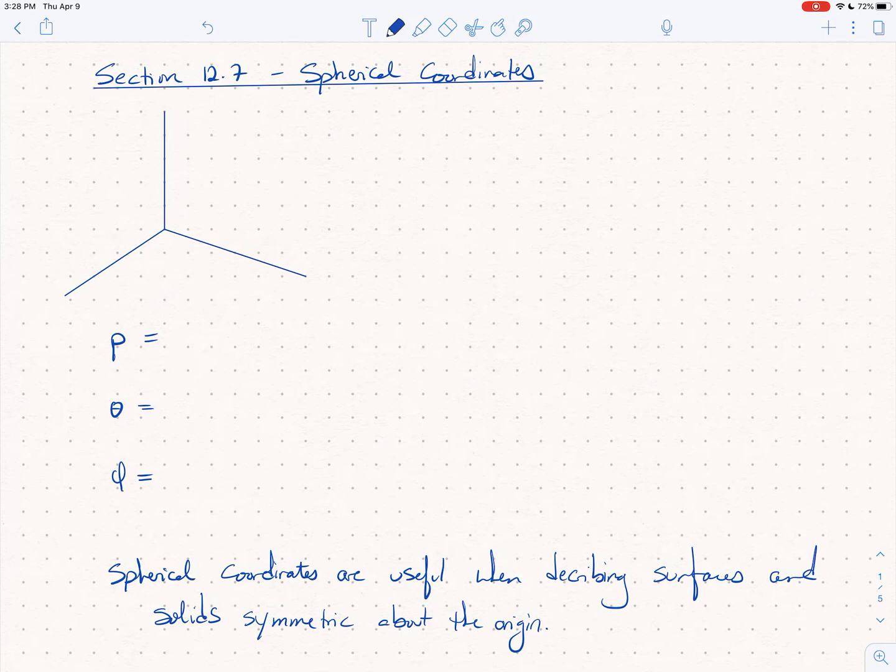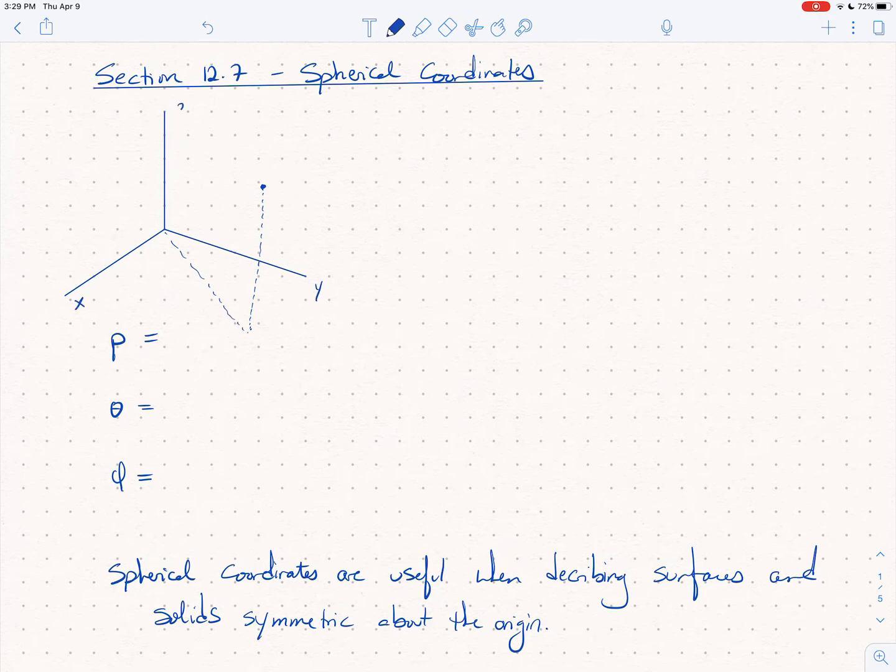So today we're going to learn about spherical coordinates, and let me just introduce you to the coordinate system, and then we'll see why they're useful to us. So it's kind of fun. We're going to pick up a point right here in 3-space, and I want to show you how we can describe this point in spherical coordinates. Let's drop our vertical down to the xy-plane, and then drop a line out.